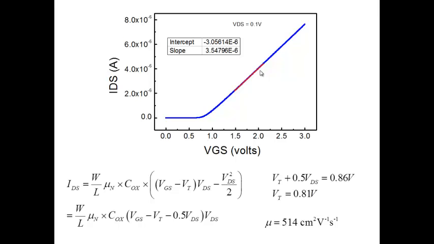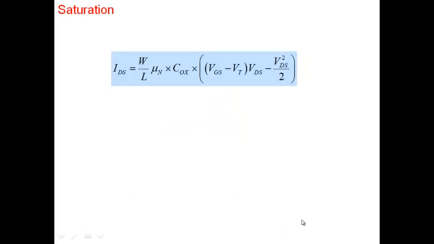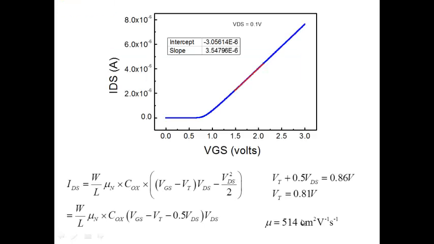In this case, the mobility that we extract from here is 514. The mobility that was put in the simulation was 500. But note that we have many assumptions that I have listed there, and so 514 versus 500 is fine. It's not that much off here. All right, so this was in the linear region. We know now that the current IDS varies linearly with VDS.